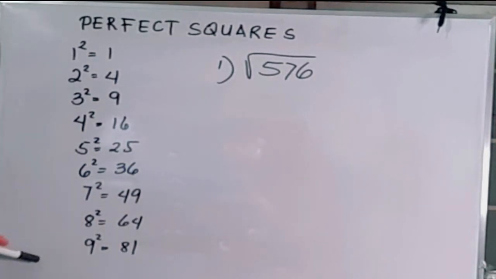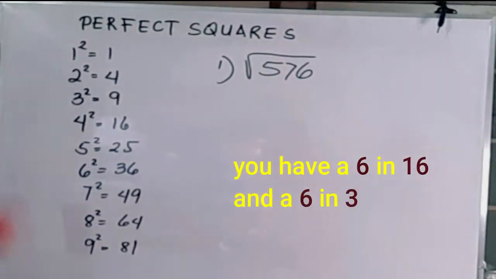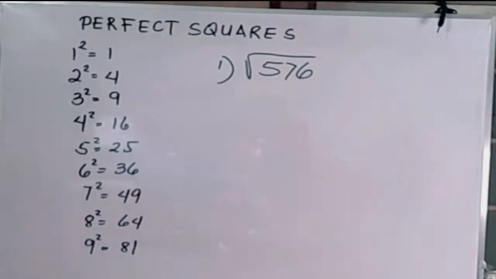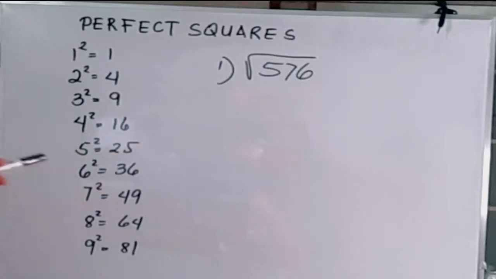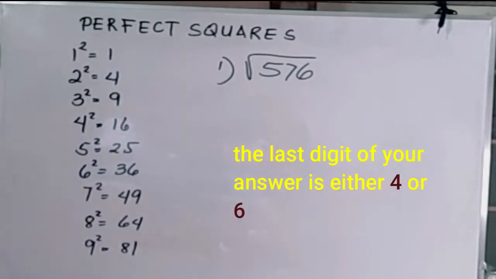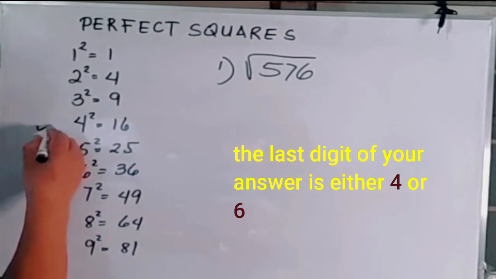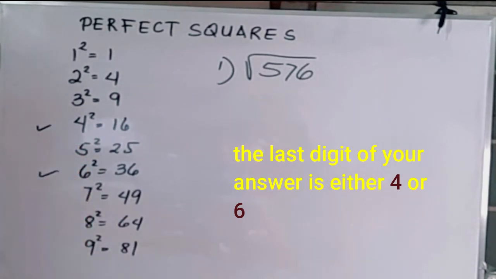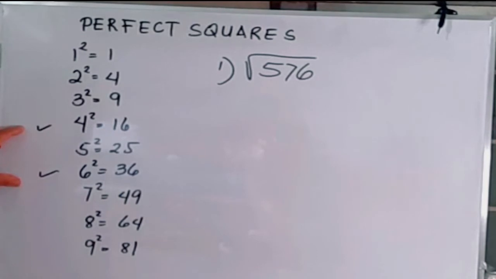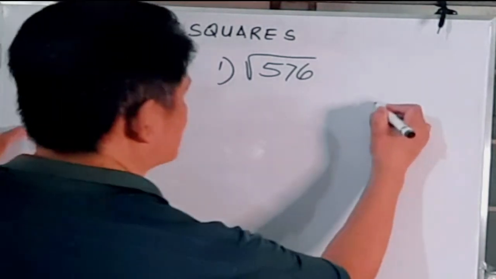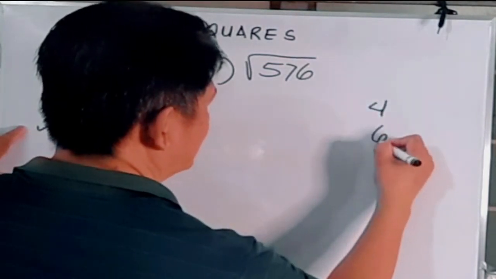And in here, you have two 6s, that is the 6 in 16 and the 6 in 36. That means the last digit of your answer is either 4 or 6.